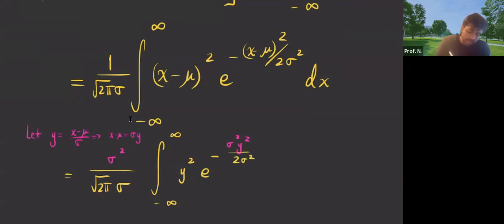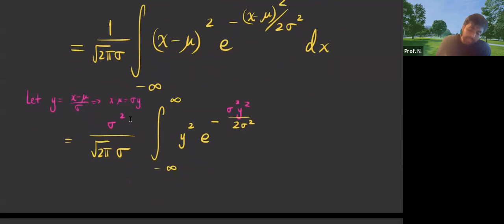And then what is dx? From here, what is dy? dy is equal to 1 over sigma dx, so sigma dy is equal to dx. Then I'm left with a dy here, and also another sigma, but this constant sigma is canceled out with the sigma in the denominator.